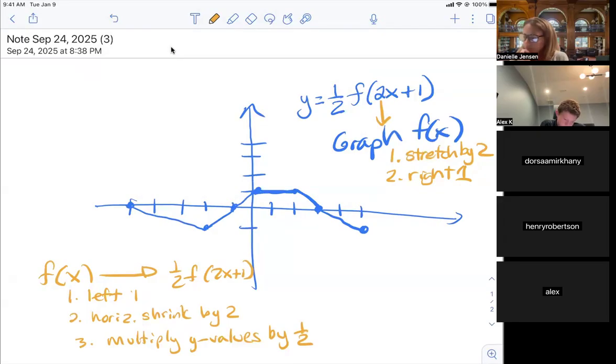Okay, thanks. So normally, if I was going from the function to the transformed, we just talked about what we would do with the x's. And the y values, we just multiply by a half. So if I'm going back, what am I going to do with the y values? Multiply them by 2. Yeah, multiply y values by 2.